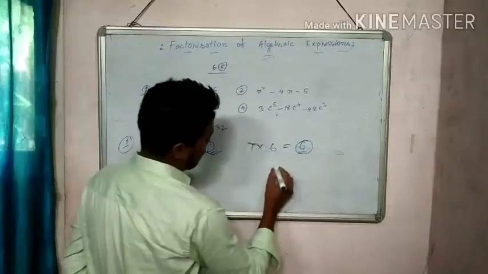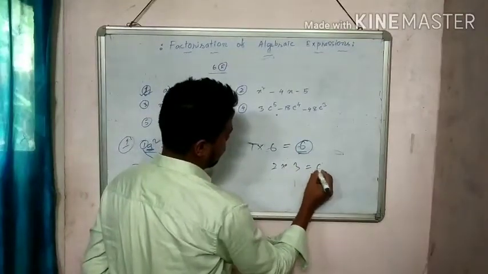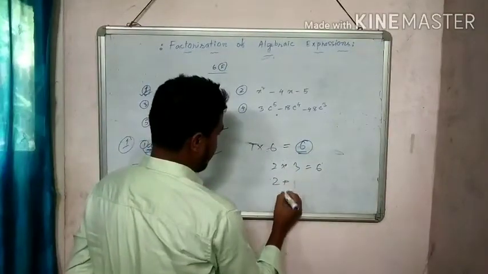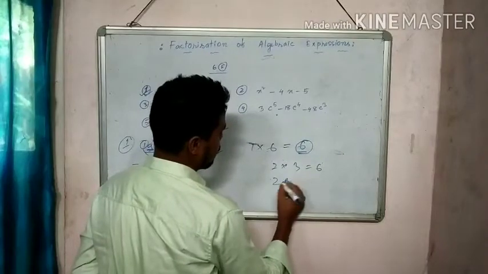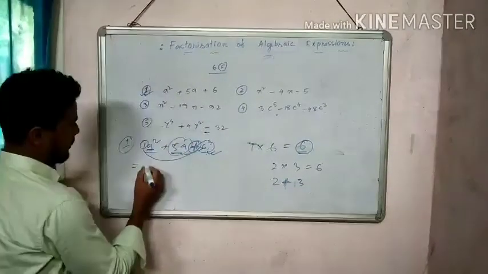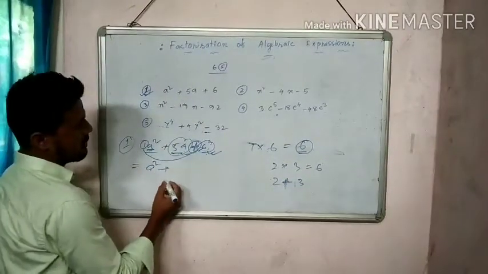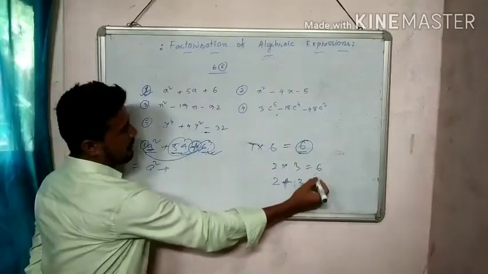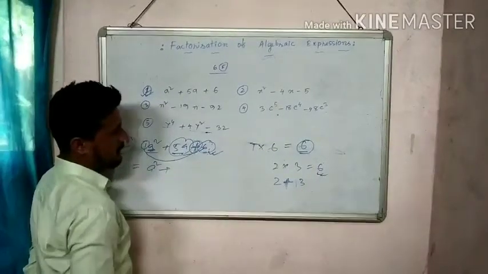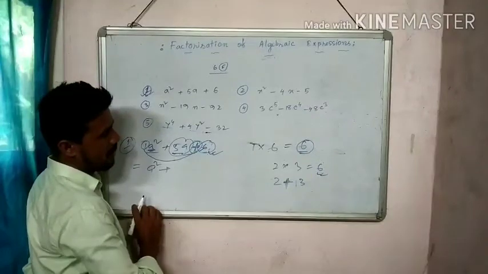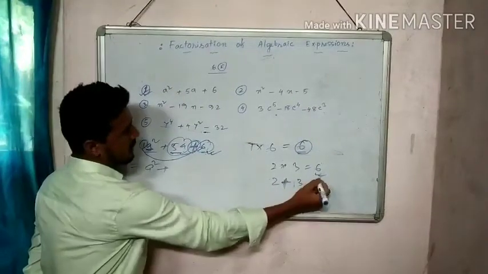So you can factorize 2 into 3 is equal to 6. So you can write 2 plus 3 is equal to 5. So make the middle term the sum of the factors of the constant term.